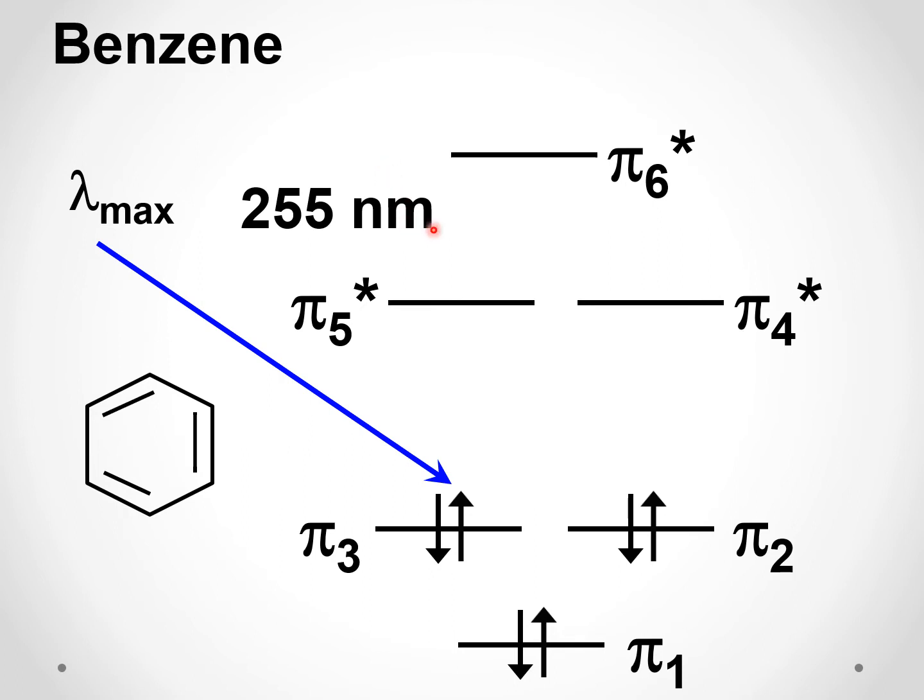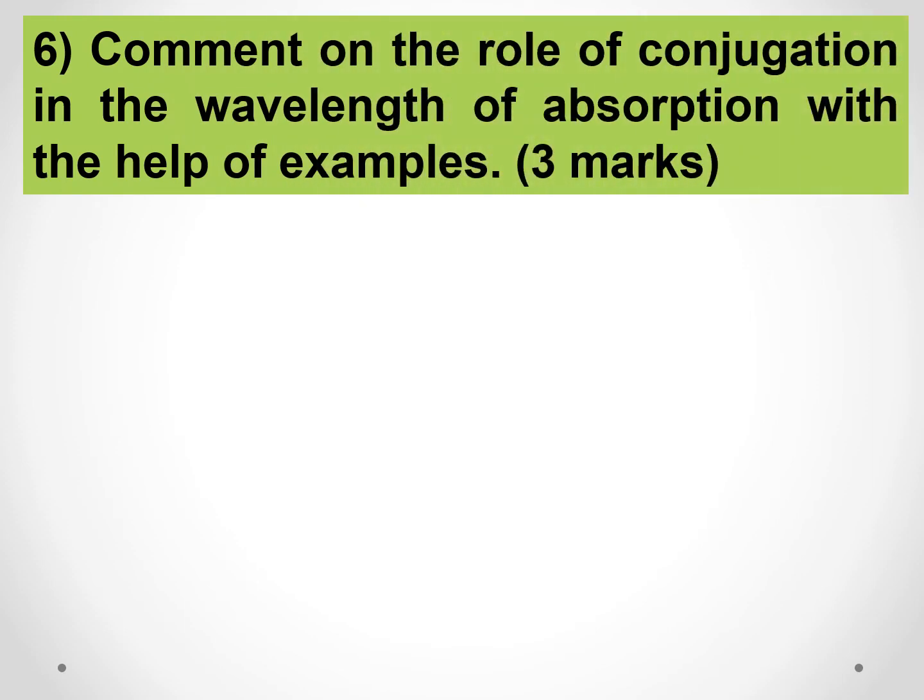So these double bonds are called conjugated double bonds. Now you can note this question: Comment on the role of conjugation in the wavelength of absorption with the help of examples. So what is conjugation?